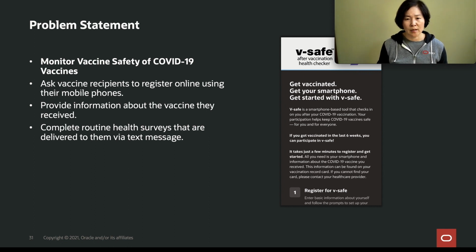People who receive the COVID-19 vaccination can register with vSafe using their mobile phones. They provide the details of their vaccination. They then begin to receive health check-ins through text messages, and these are all surveys on how they're reacting to the vaccine.